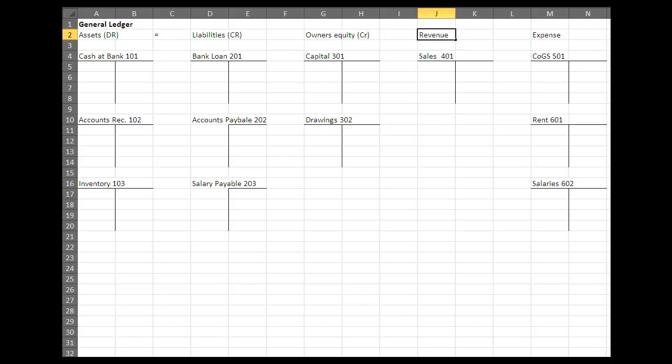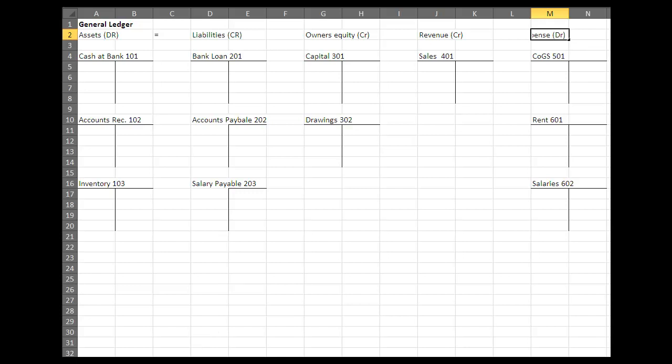So the revenue will have a normal balance of a credit, and expenses, which reduce owner's equity, will have a normal balance of a debit. You would also notice that drawings has a normal balance of a debit. Right, so we've set up in T accounts the general ledger with those accounts in them.